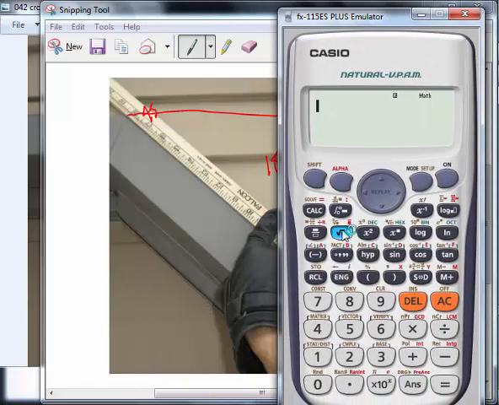If we take the square root of that, 18 1/4, I'm going to put the fraction in there.